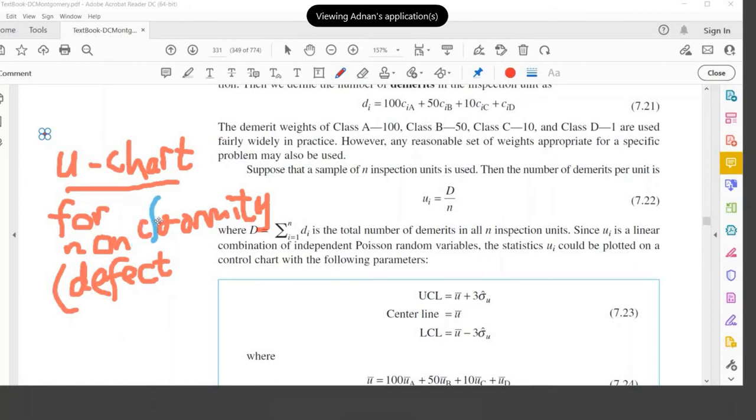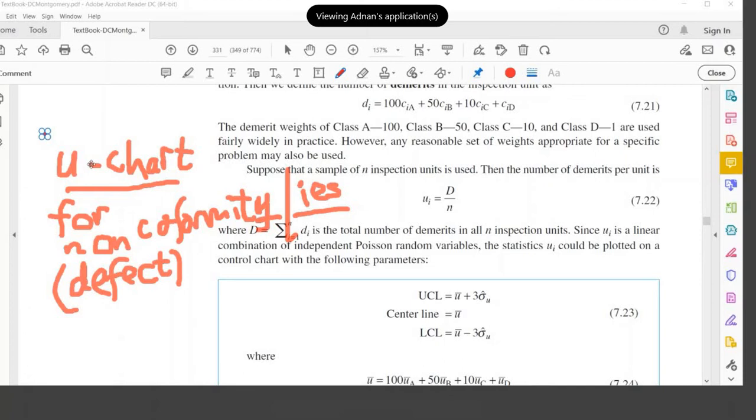So jadi kalau kita tahu maksudnya problem tersebut berkaitan dengan conformity, ataupun conformities, dia mesti sama ada U chart ataupun C chart.